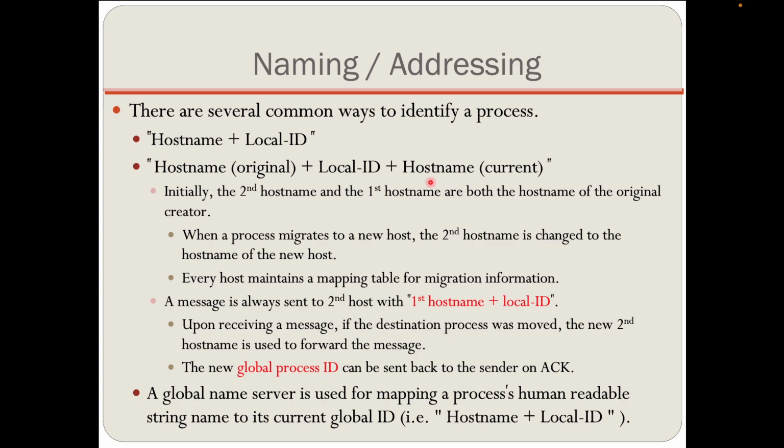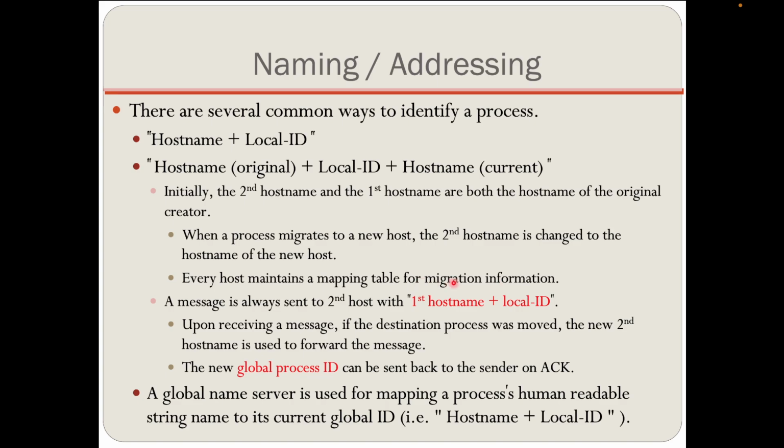So when a host receives a request to a particular process whose second host name is itself, the other hosts think the process is still there. If the process is still in this host, then you just deliver to that process. If the process has already been moved to others, then your mapping table will contain this information.